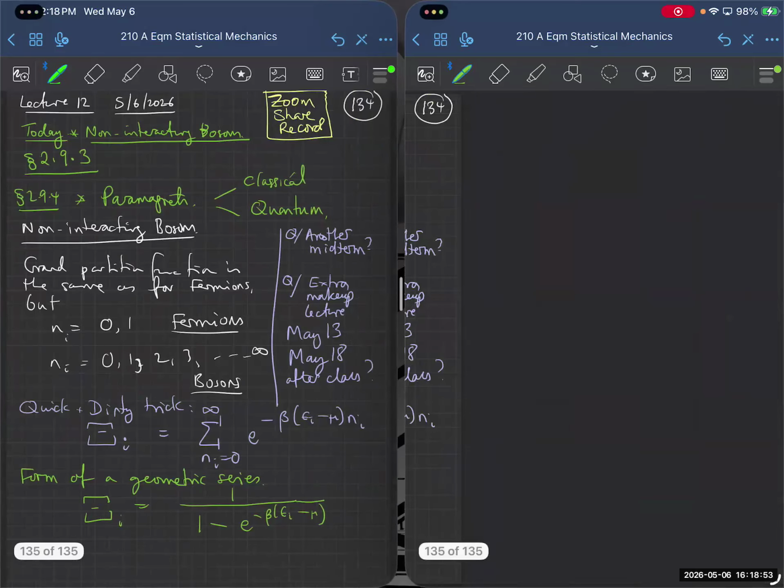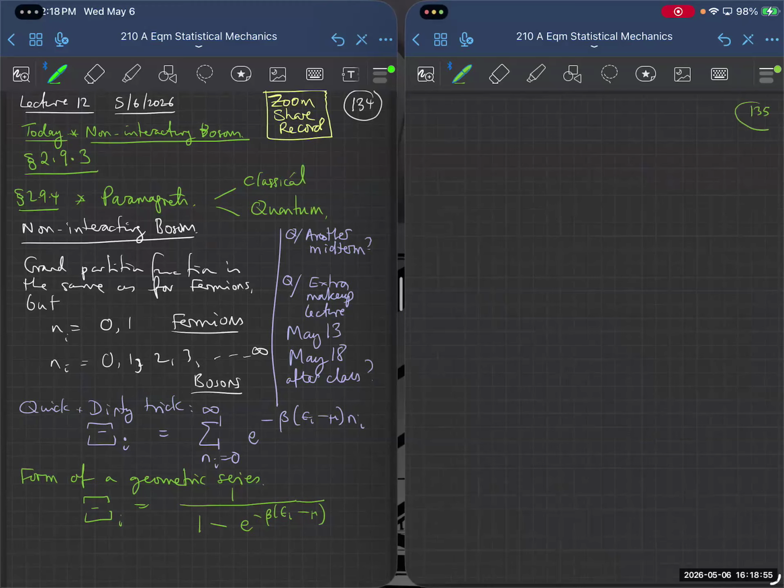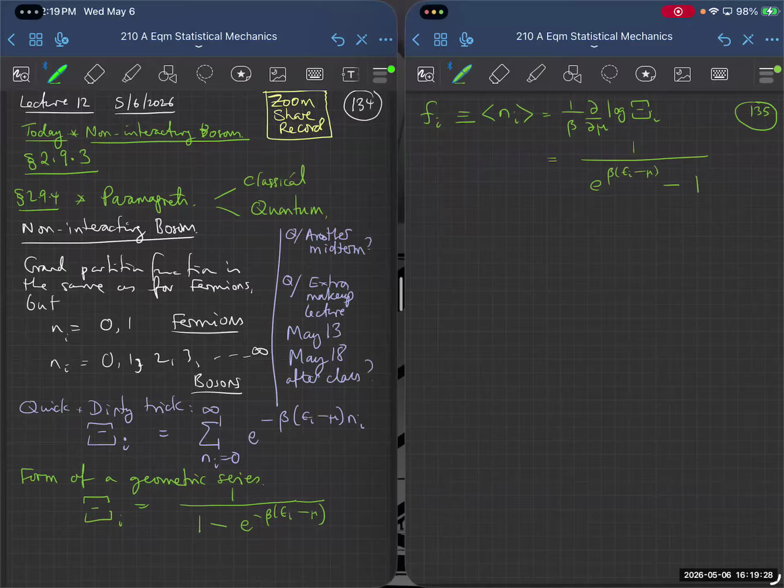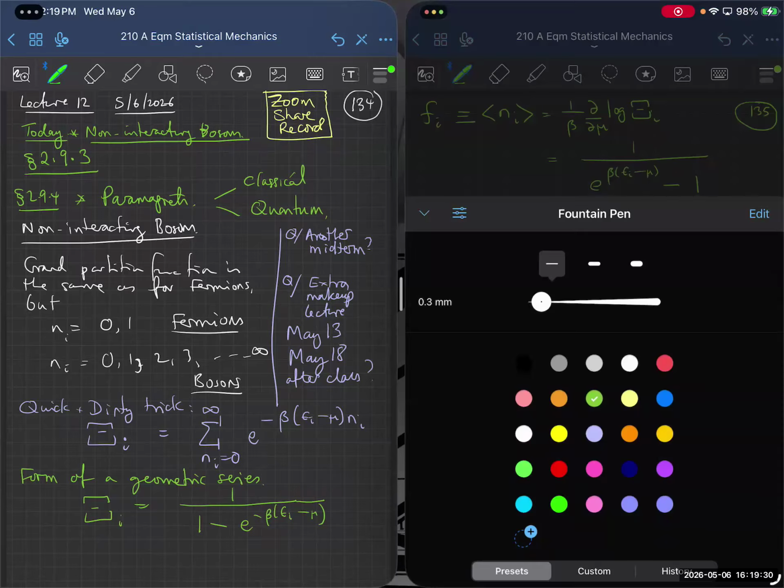And then if I want to compute the average occupation number of the single particle quantum state i, that is the expectation value of n_i, which is just 1 over beta d by d mu of the logarithm of chi_i, and that is equal to 1 over e to the beta (epsilon_i minus mu) minus 1. And that is the Bose-Einstein distribution.